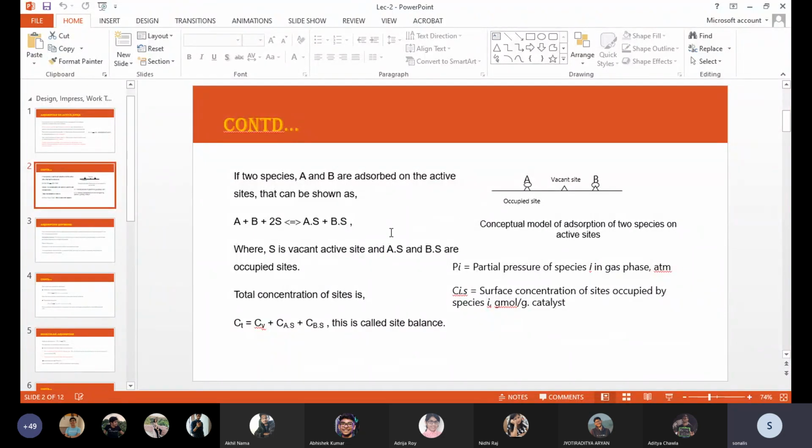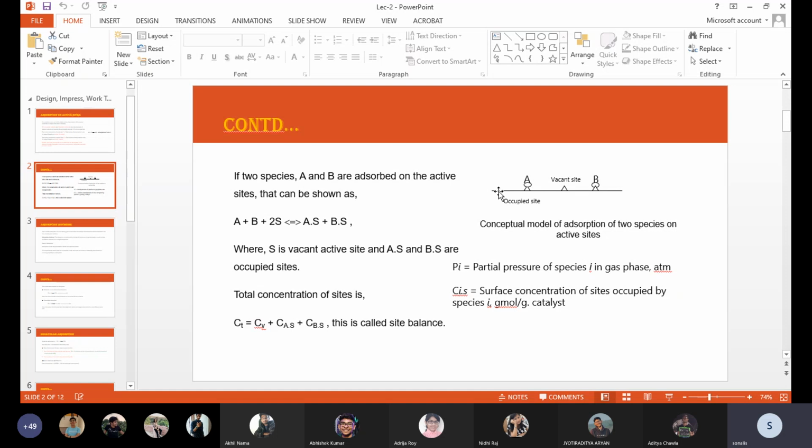Here pictorially I tried to show you: say this straight line is the surface of the solid catalyst, and these triangles are the active sites. On this triangle, the molecule of A is adsorbed, and on this one, molecule B is adsorbed. This middle one is still vacant.